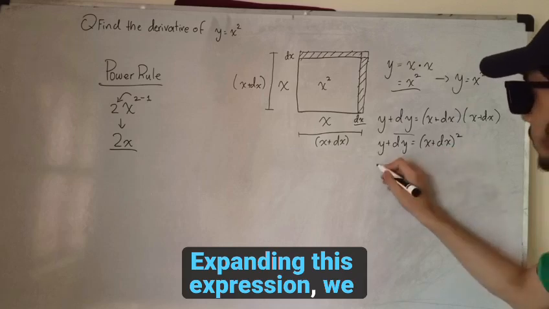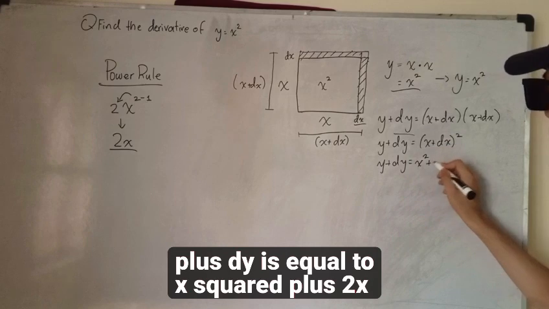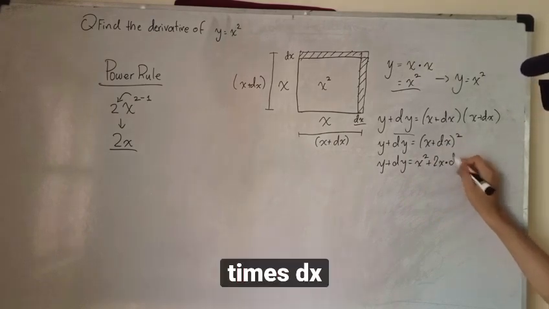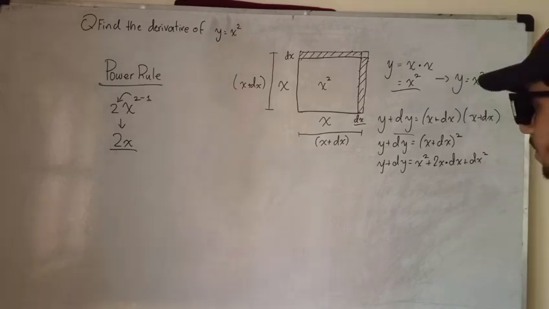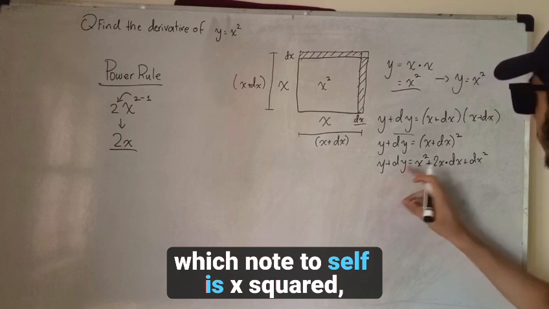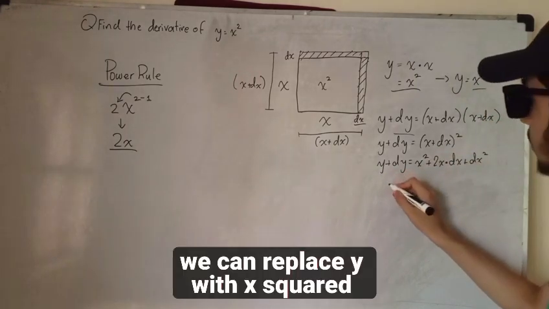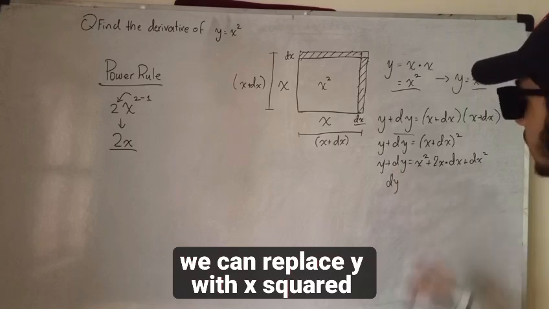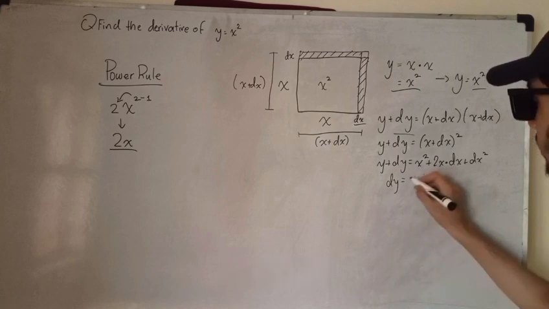Expanding this expression, we get y plus dy is equal to x squared plus 2x times dx plus dx squared. Subtracting both sides by y, which, note to self, is x squared, we can replace y with x squared and subtract both sides by x squared.